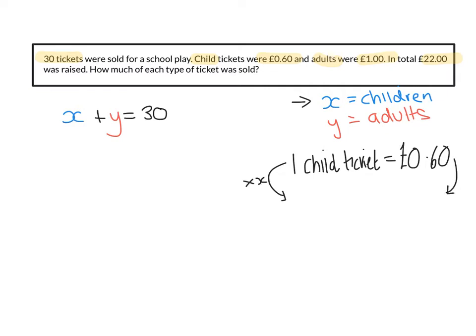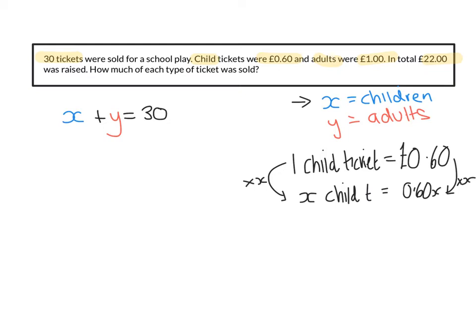So I need to times by x on this side. So x child tickets is going to be 0.60 times x. I don't necessarily need that pound sign there, so let's just get rid of that.